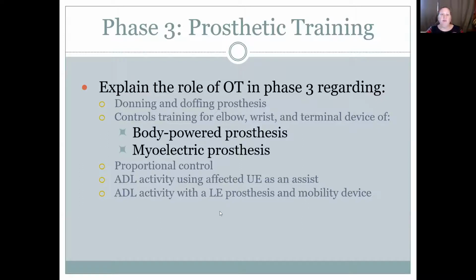For the body-powered prosthesis right here, what would be something incredibly difficult that they have to do as far as an IADL? And it happens in our kitchen. Give you a second to think about it. It has to do with groceries and where we place them.